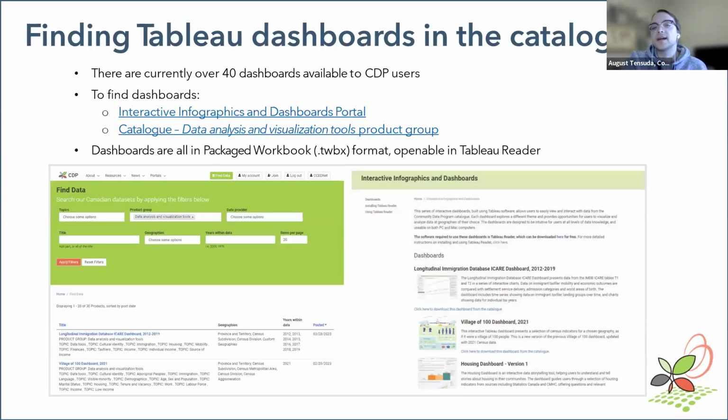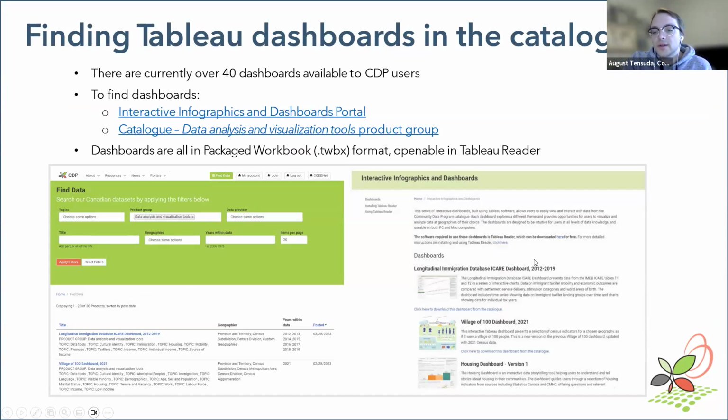So moving on, finding dashboards in the catalog. Right now there are over 40 dashboards available to CDP users. This PowerPoint will be made available after this orientation, and these are hyperlinks, so you can click them. But you can also go onto the website and into the interactive infographics and dashboards portal, and it should look something like this image on the right.